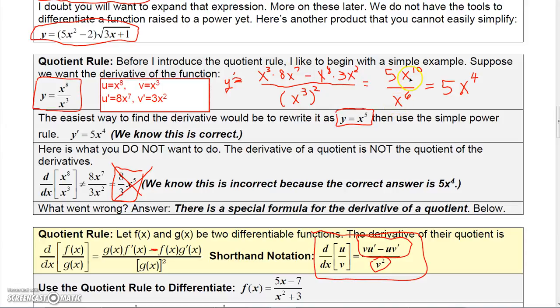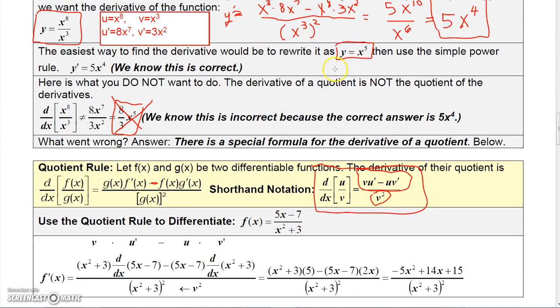So 5x to the 10th divided by x to the 6th is 5x to the 4th, which is indeed the correct answer. So we know that's the right derivative because when we did it the more practical way, we got y equals x to the 5th, and the derivative of that is 5x to the 4th. So this method does work.